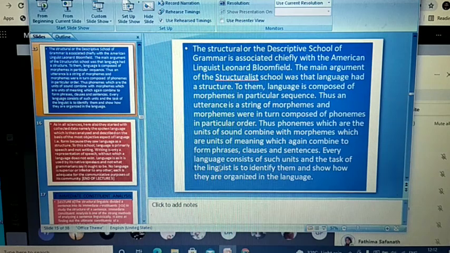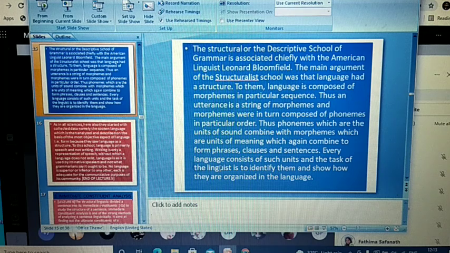So they said that a sentence, or an utterance, is a string of morphemes, and morphemes were in turn composed of phonemes in a particular order. Thus, phonemes, which are the units of sound, combine with morphemes, which are the units of meaning, which again combine to form phrases, clauses, and sentences.